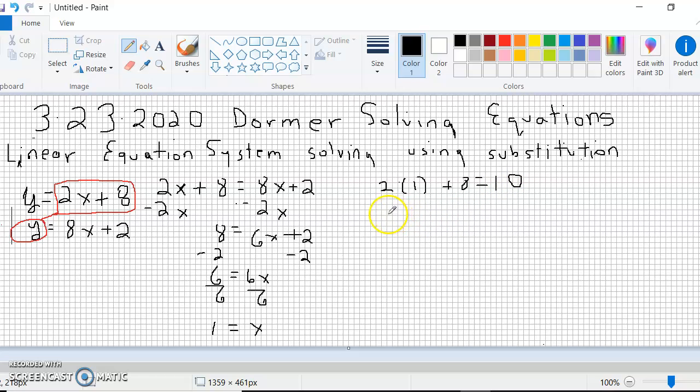And then here, not 2, the next equation should be 8. Erase this.